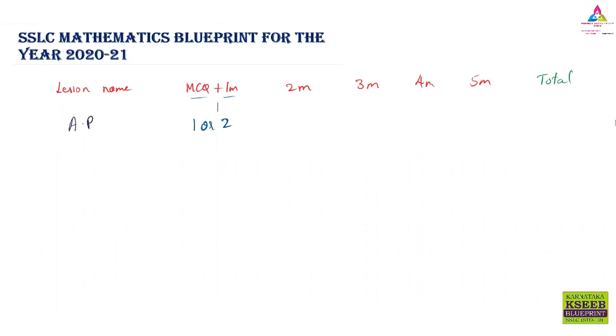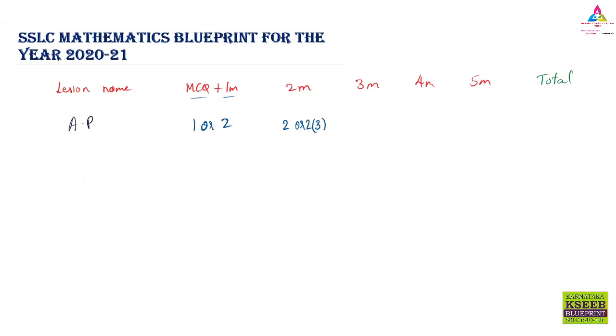Next we have the 2 marks questions. Here there will be two questions, or they may give one more "or" question. So totally 3 questions, but you have to attempt 2 only.